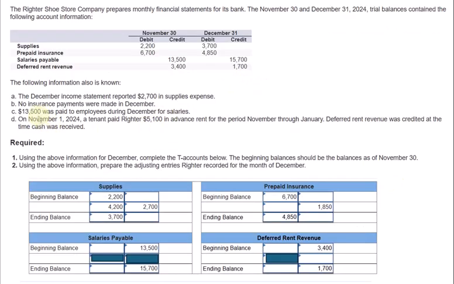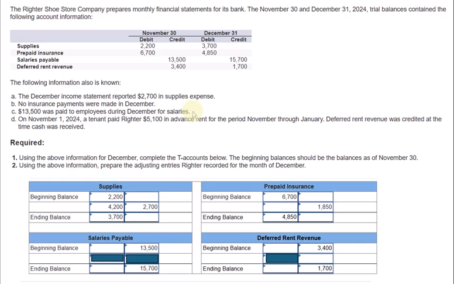Okay, let's look at entry C. $13,500 was paid to employees during December for salaries. Now when we make a payment for salaries, we typically are decreasing the salaries payable, assuming we already accrued for the salaries, and then we're crediting cash because we're making the payment.